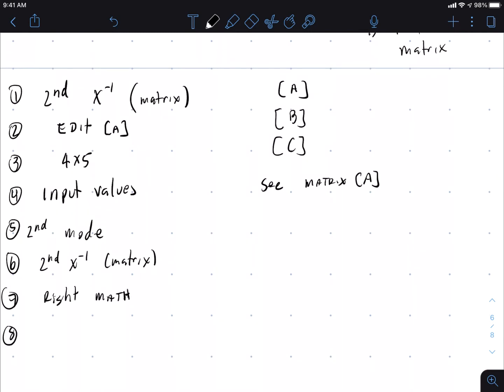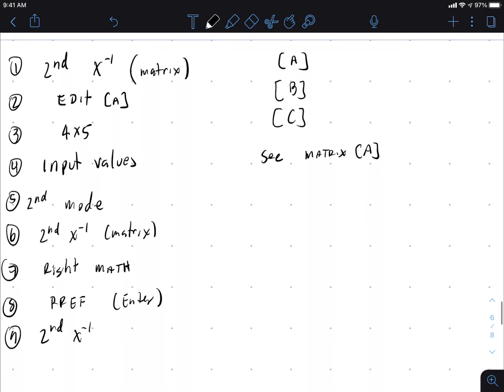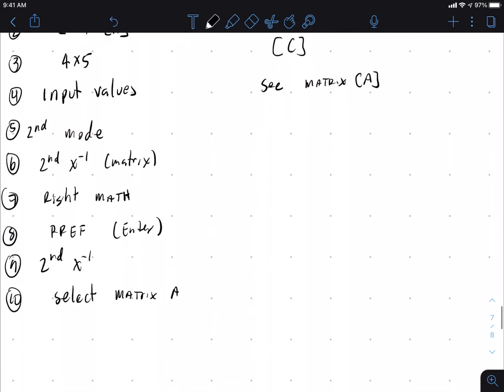Then there should be a list, and you're going to want to go to RREF, and hit enter. Then you're going to again go second the matrix button and select your matrix A. And then enter.